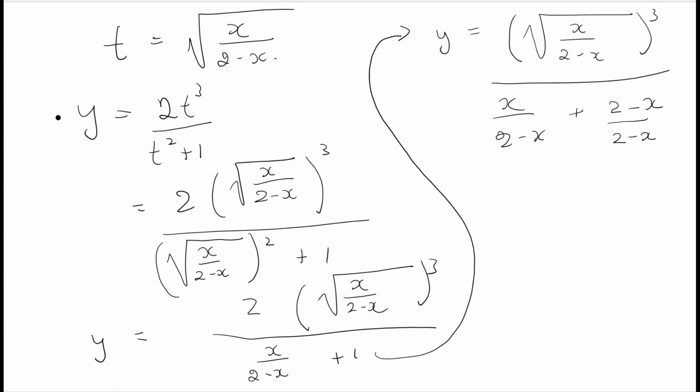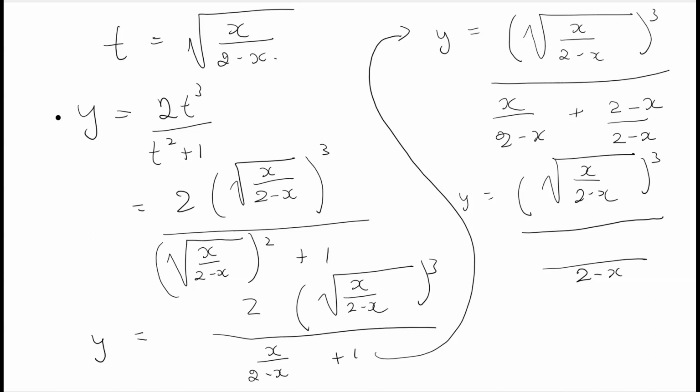Okay, see how that goes. So we've got y equals the square root of x over 2 minus x cubed over, now it's going to be over 2 minus x, and we've got x plus 2 minus x, so that's just going to leave us with 2 on the bottom.